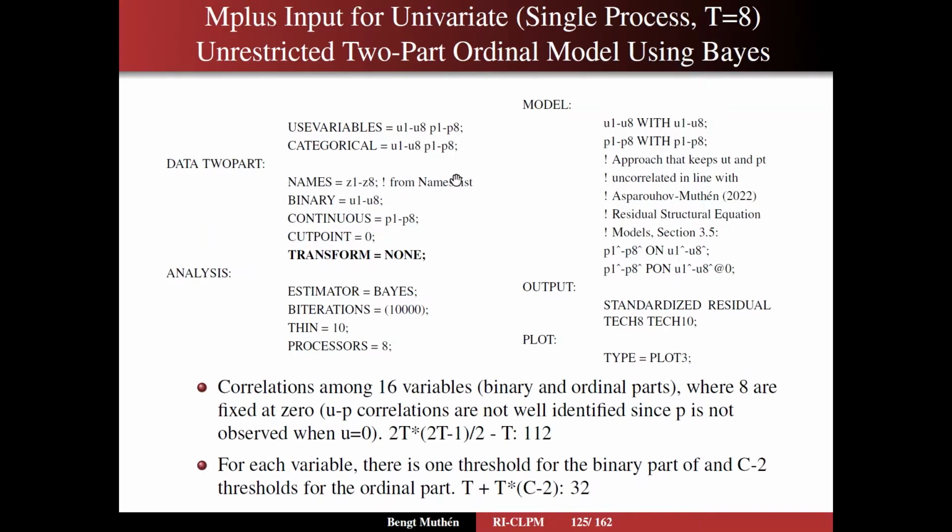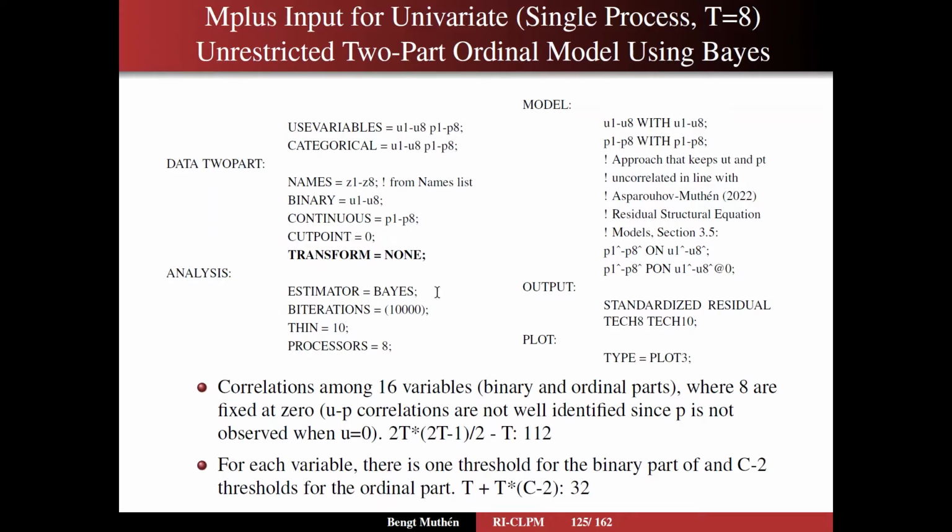They are taken from the names list, and we're only going to work with the Z variables, these alcohol risk variables. And when we split this up, we declare some of them as binary, they are the U variables, or continuous, which in this case are not continuous, they're ordinal. Cut point is 0, and here transform is none, whereas for continuous variables, the default is to take a log transformation to pull in the right tail, but that would be wrong for the ordinal case.